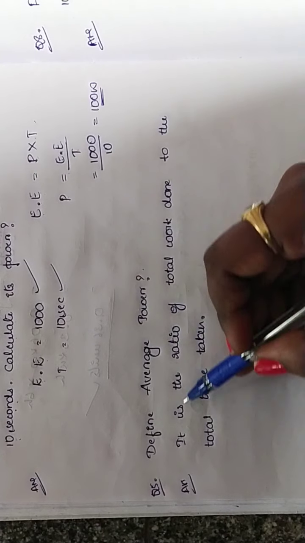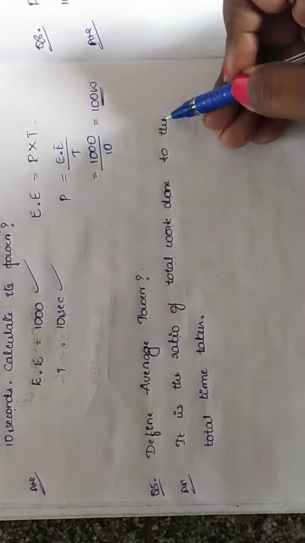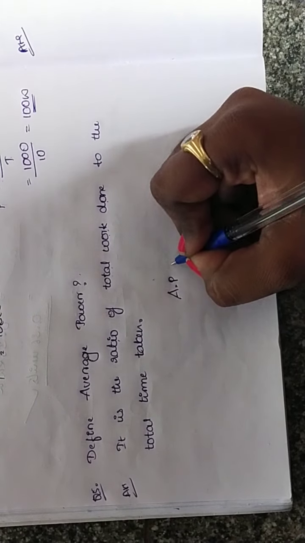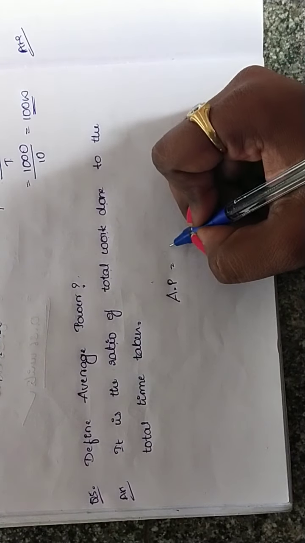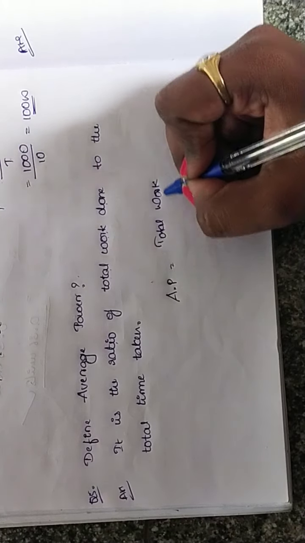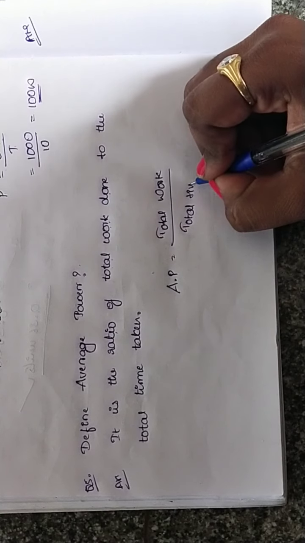Define average power means it is the ratio of total work done to the total time taken. We can even write it as average power is equal to total work divided by total time. So this is the answer.